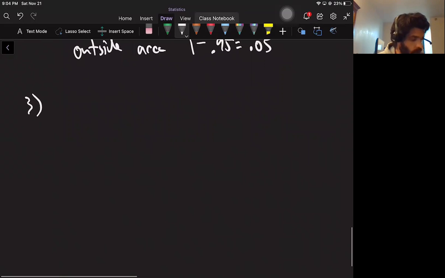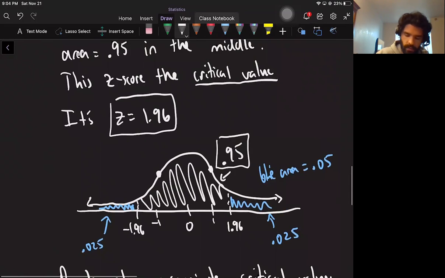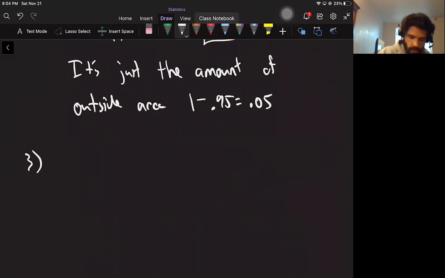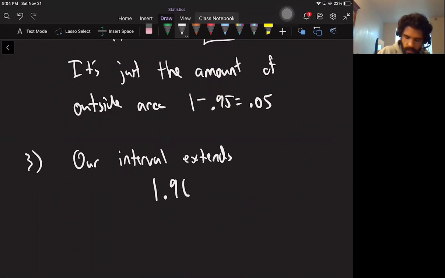Okay, so in any case, all we need here is this z-score. That's all we really need from this step. So then the idea is that the interval that we're trying to build extends that many standard deviations, so 1.96 times the standard deviation of the distribution.